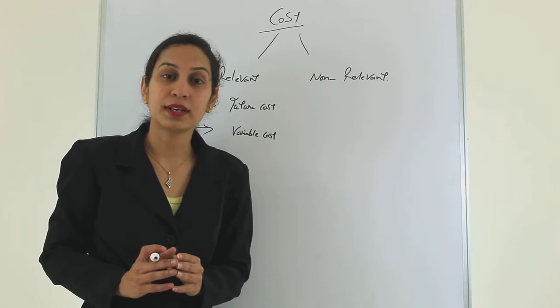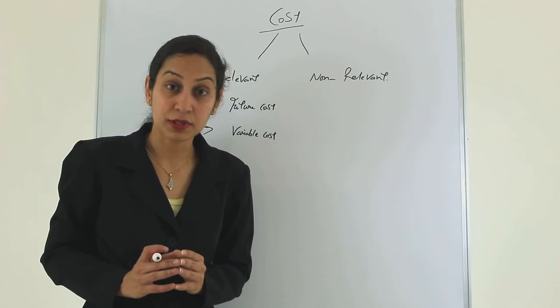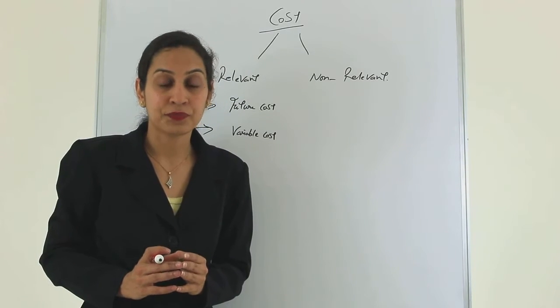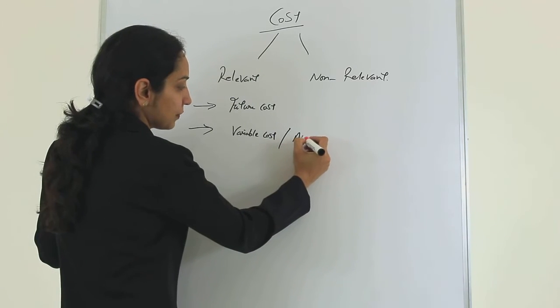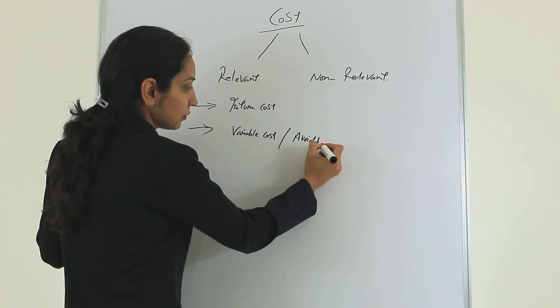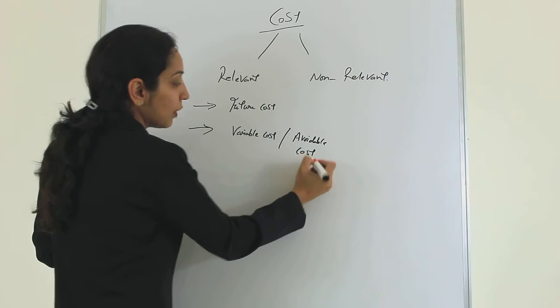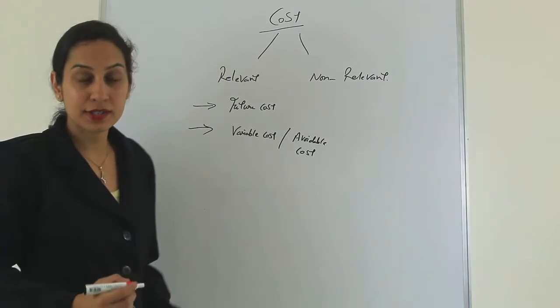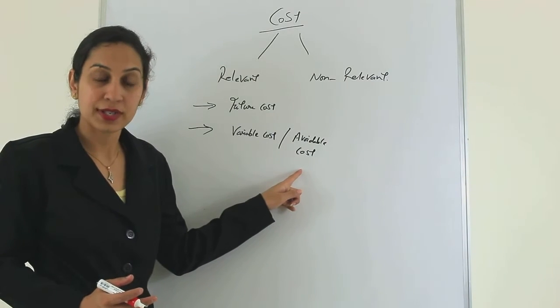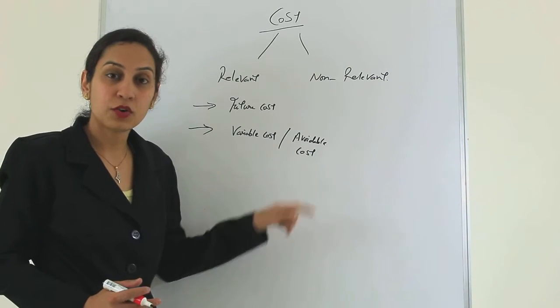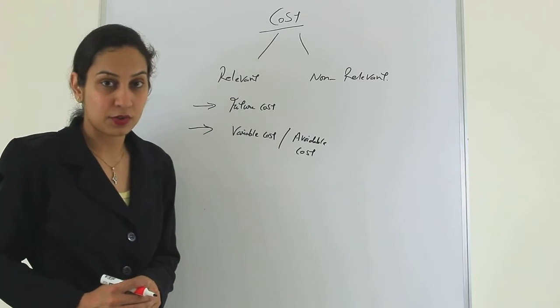The variable cost could also be called avoidable cost. Why do we call it avoidable cost? Because if we do not take the decision, we can avoid those costs.